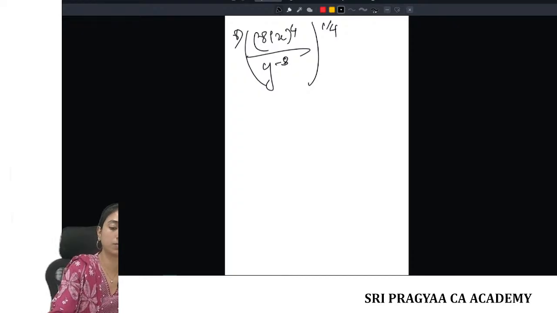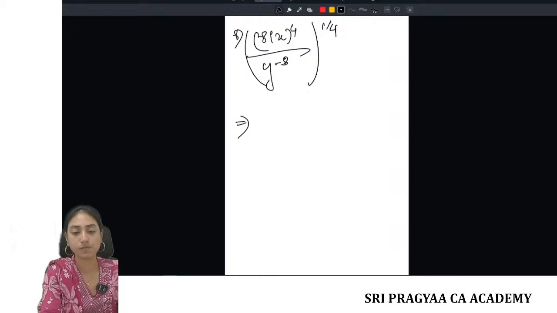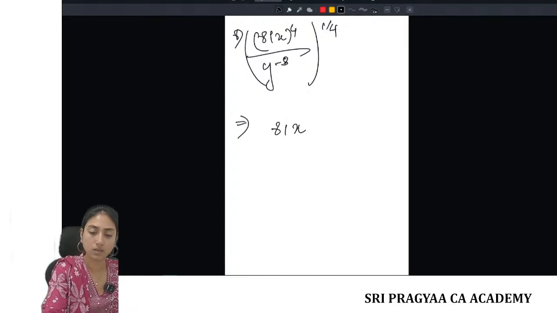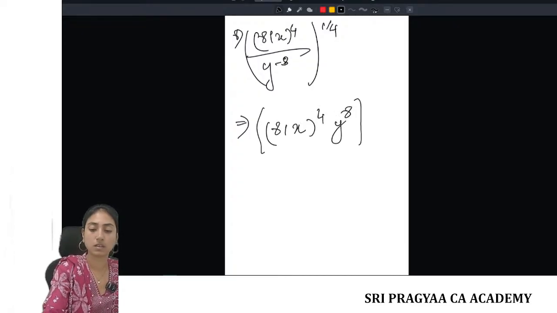So tell me, from this step, what was your first move? So shifted the y power 8 upwards. Okay. Power. This way? Yeah.